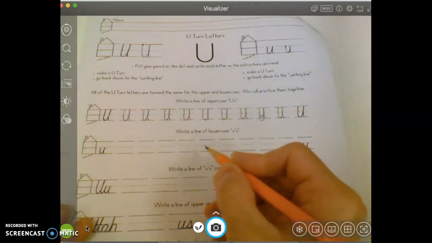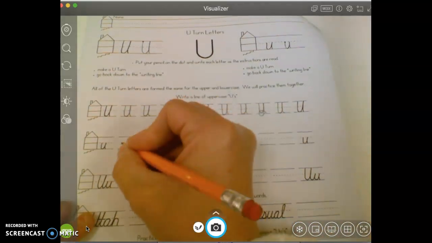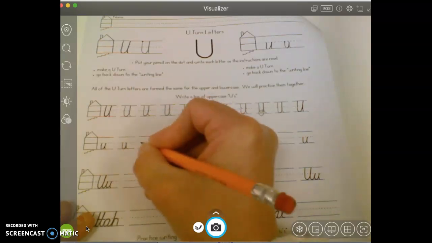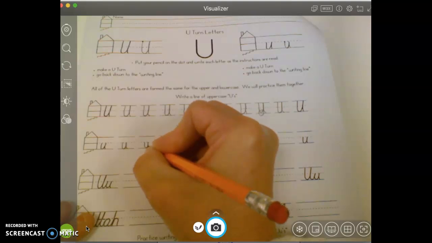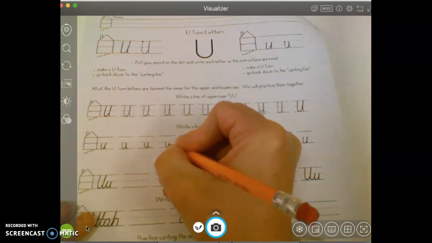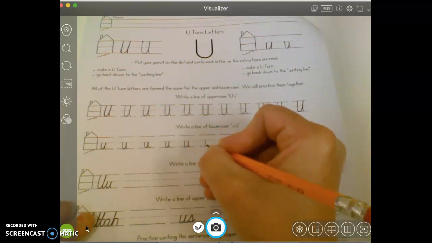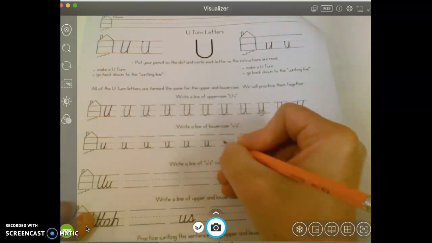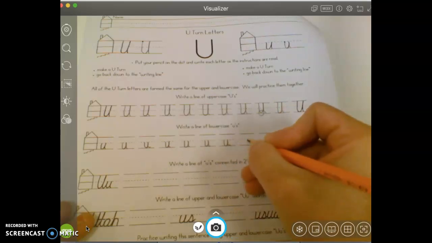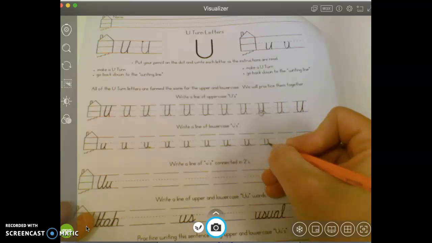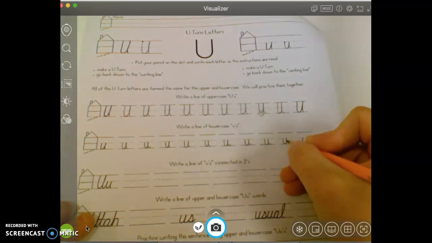So, write a line of lowercase u's. Make a U-turn, retrace back down. And remember, lowercase u's, you stop at the broken middle line. All right.